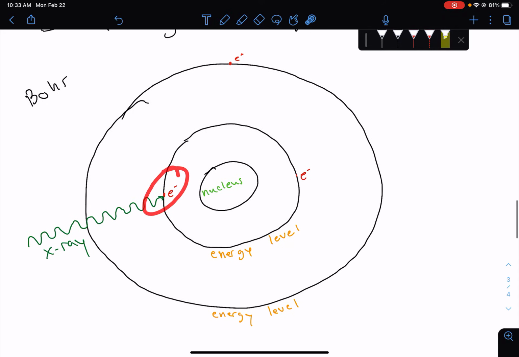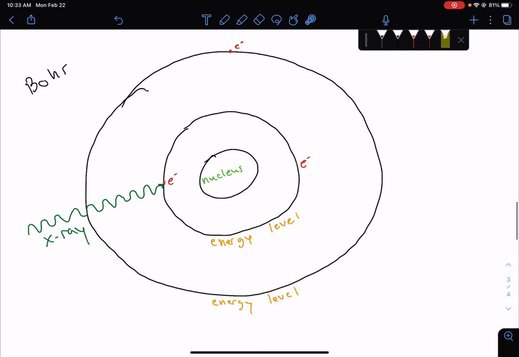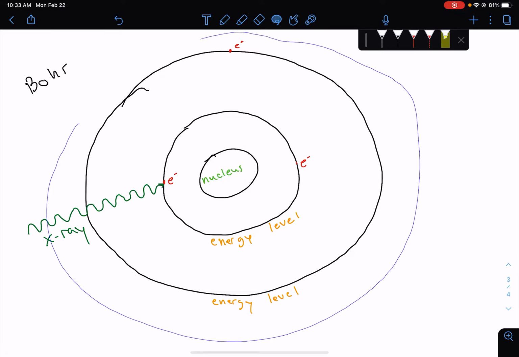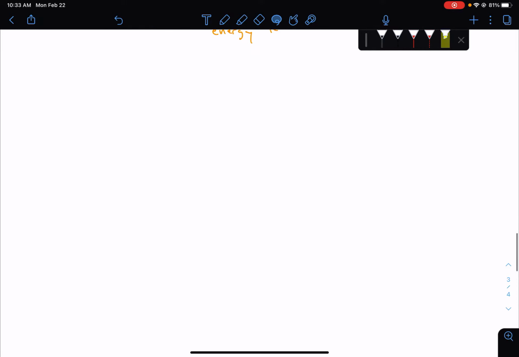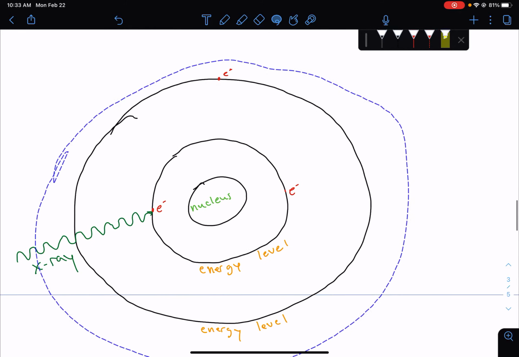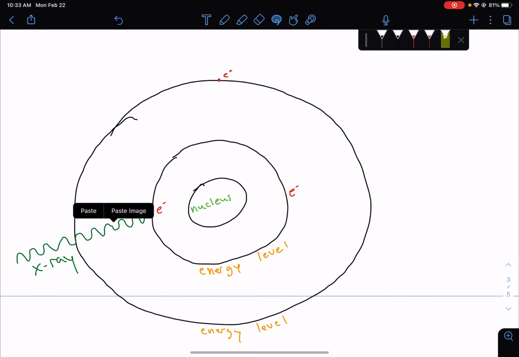And this electron doesn't have any say-so in the matter. It gets pushed, it gets booped, if you will. It gets pushed to a higher energy level.